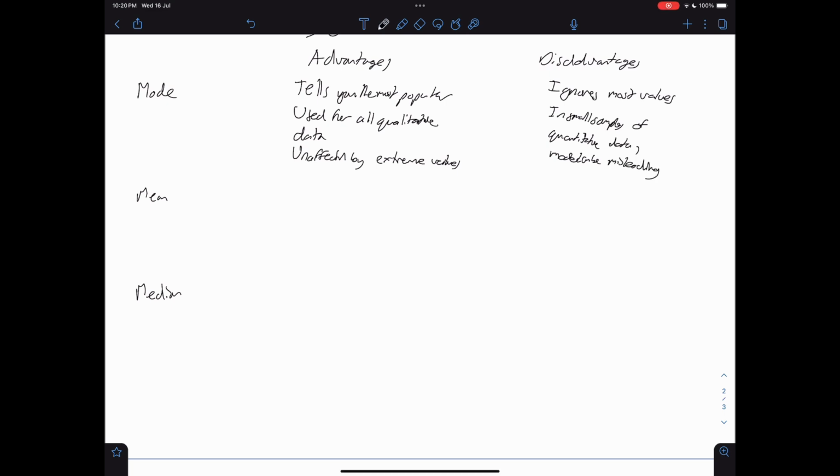But the mean, now when people say average, they probably mean the mean. It's the most commonly understood average. It's usually used in further calculations, and it takes into account all values.